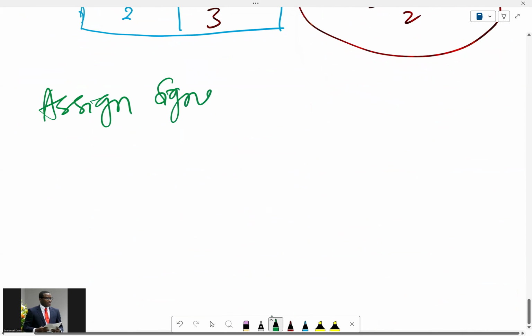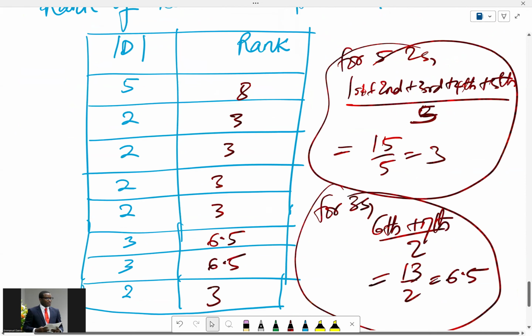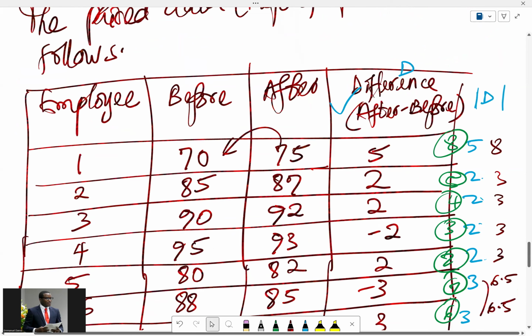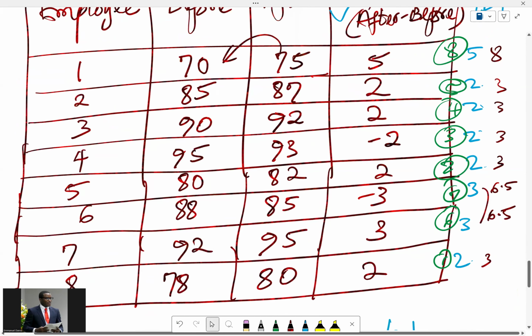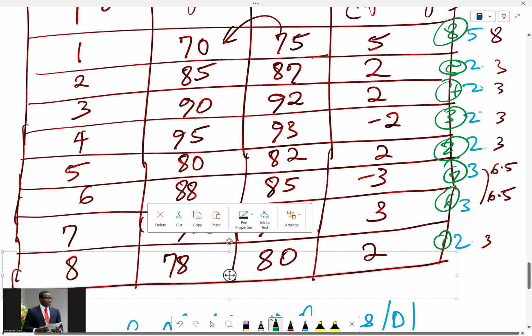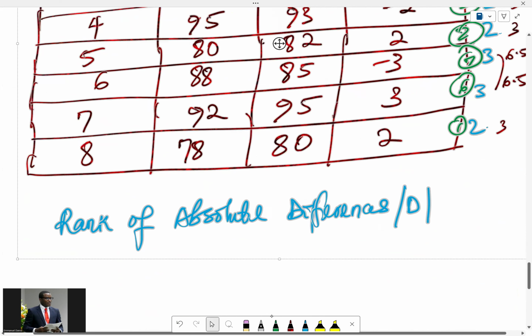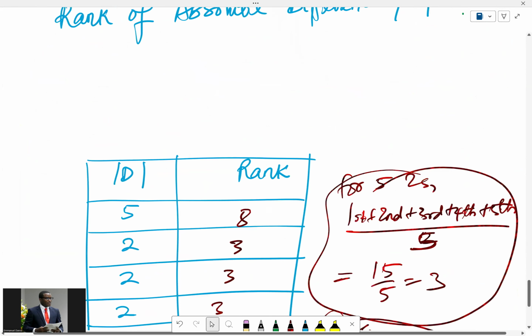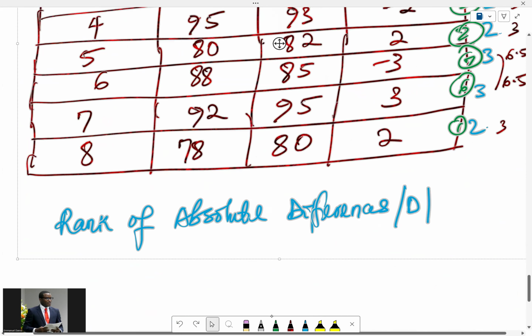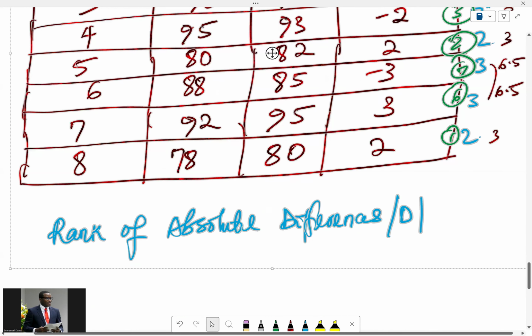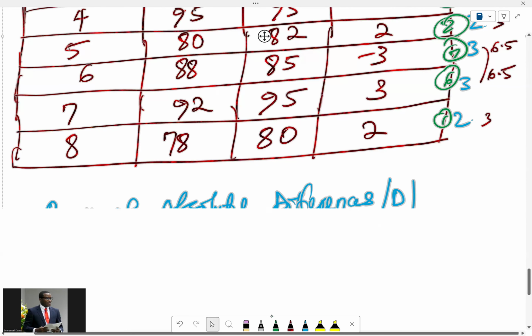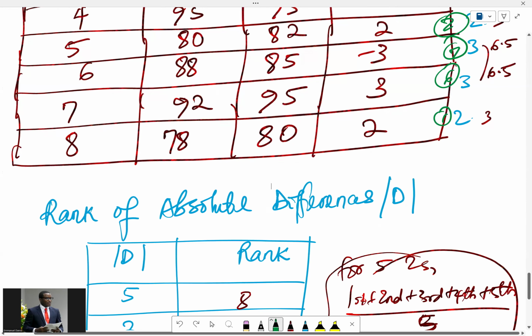What that means is that the sign that each of the differences carried before will now be assigned to the rank. So where we have -2, -3, their ranks will now carry those signs. That's what assigning signs to ranks is about.